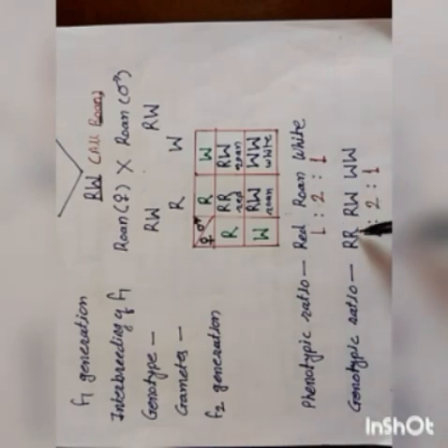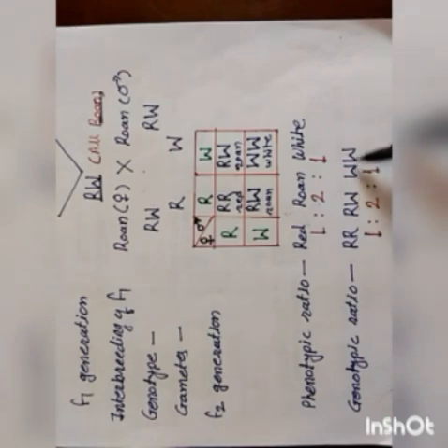The capital R containing progeny is 1, the 2 with capital R W means Roan, and 1 is white with capital W, means the genotypic ratio is 1:2:1.